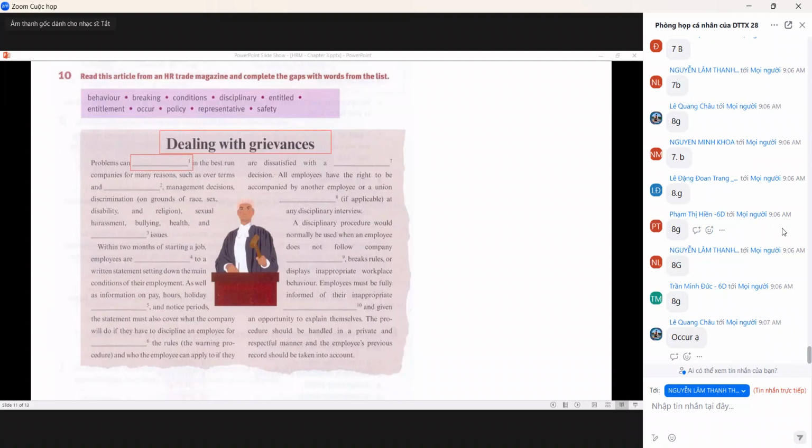Occur. Yeah. Yes, occur. That is number 1. How about number 2? Such as overtime and. Conditions. That's right.